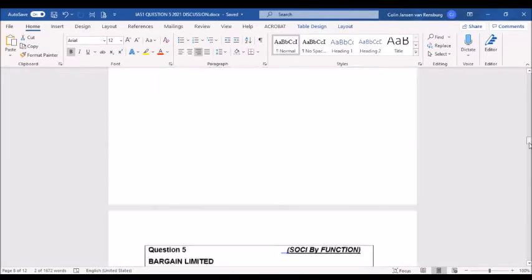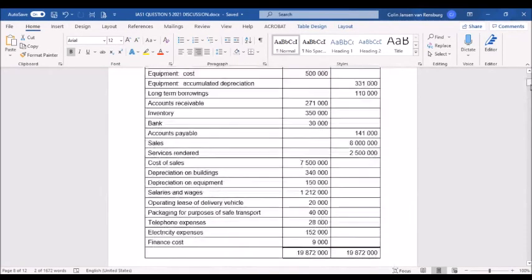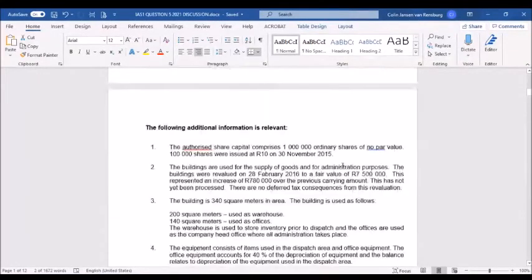Now let's have a look at our current liabilities, ladies and gentlemen. So we go back to our trial balance. Fortunately, they've grouped them very close together for us. The only one that appears on our trial balance here is the accounts payable of 141,000 rands. But remember, we must still have a look at our journal entries.